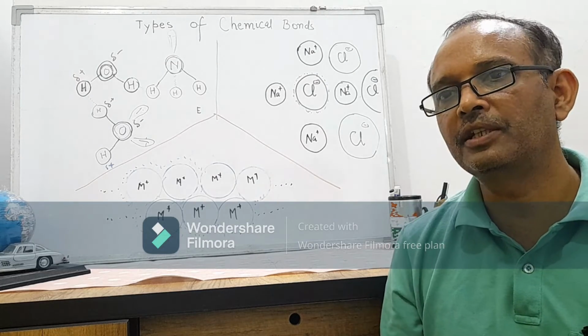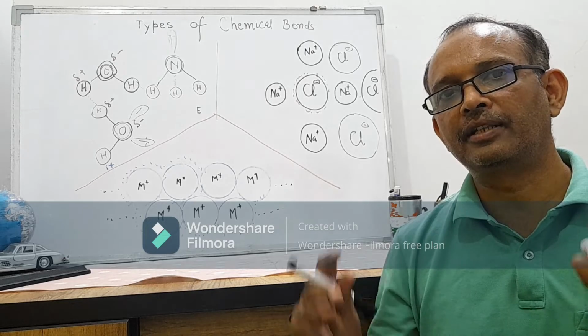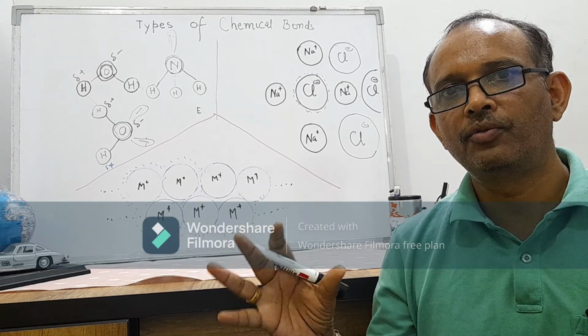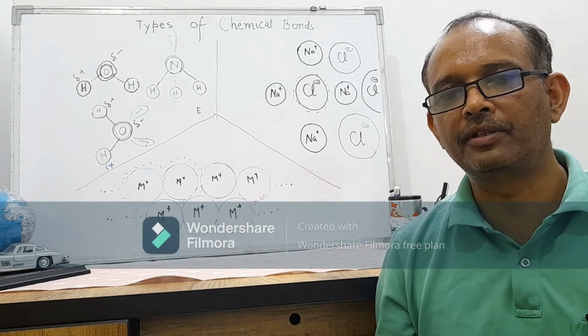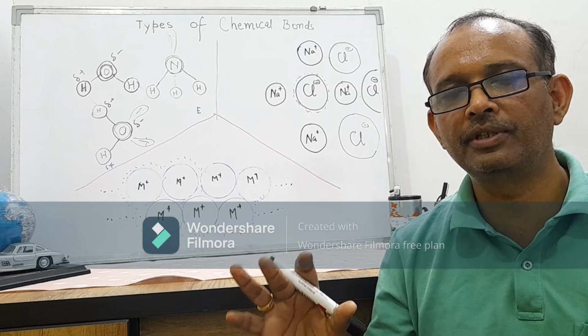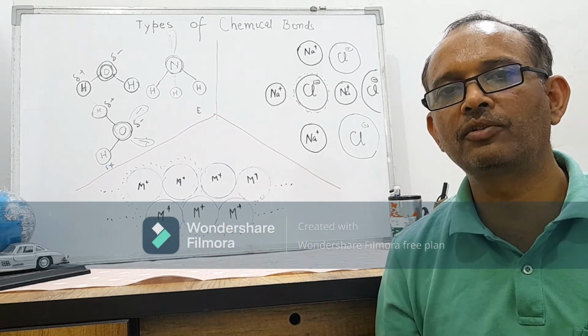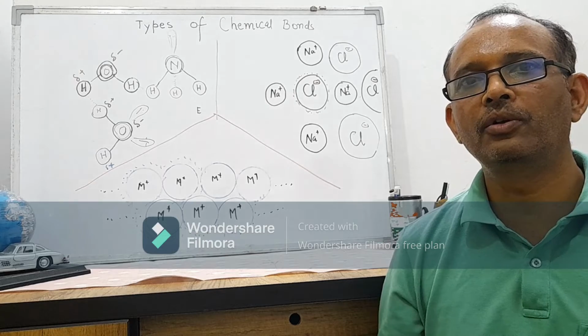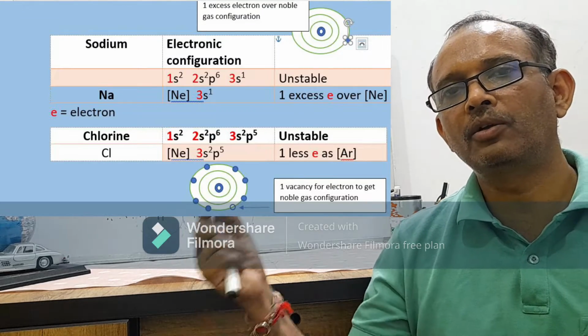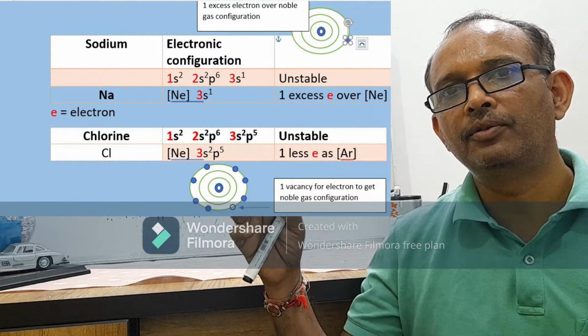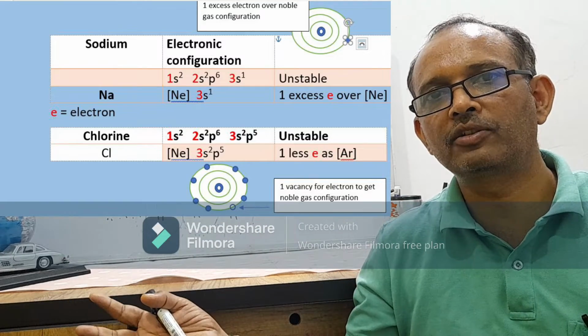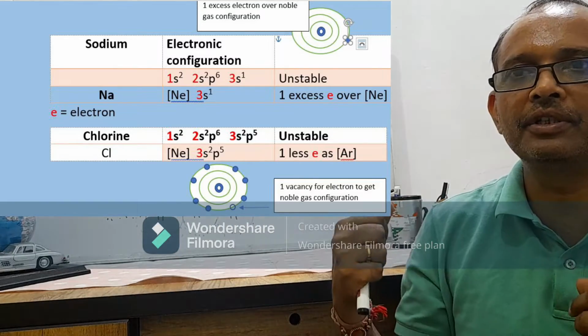When we study that atoms try to form an octet, which was the concept given by Lewis, that is, they try to attain noble gas configuration. So in sodium chloride, sodium has one excess over noble gas configuration, chlorine has one deficient.